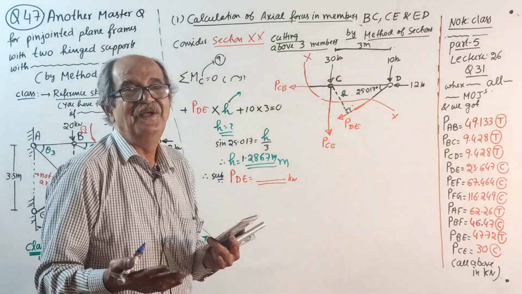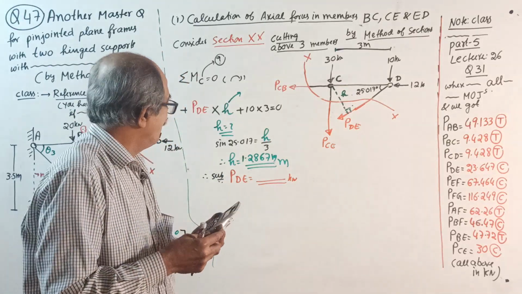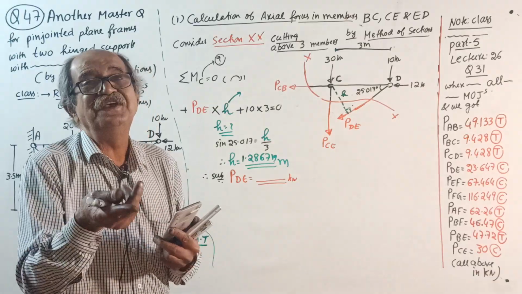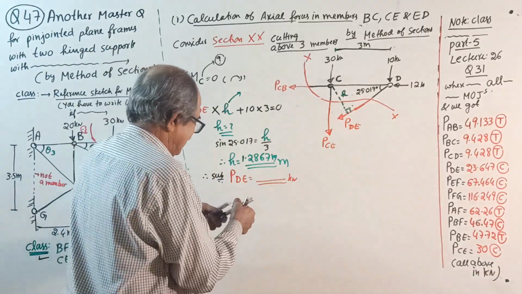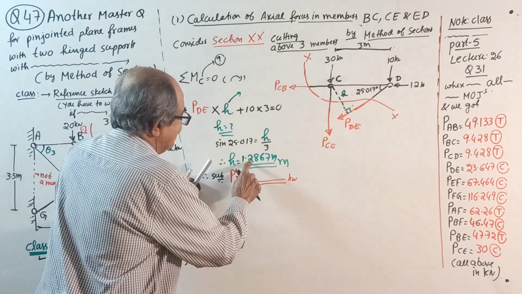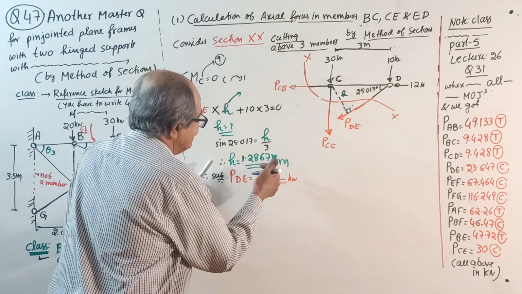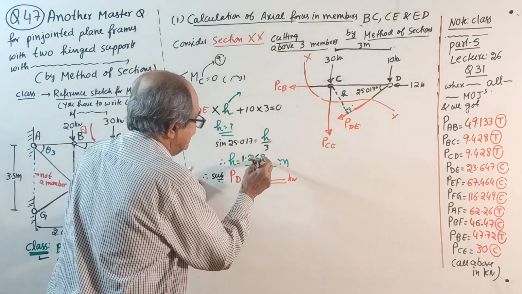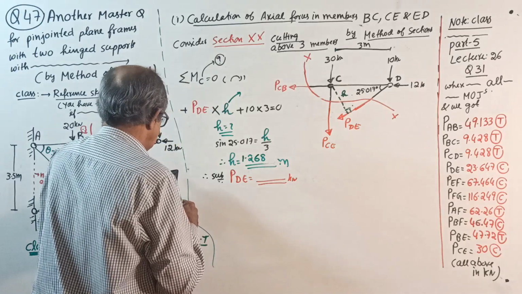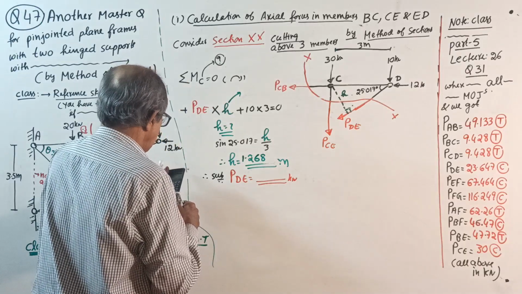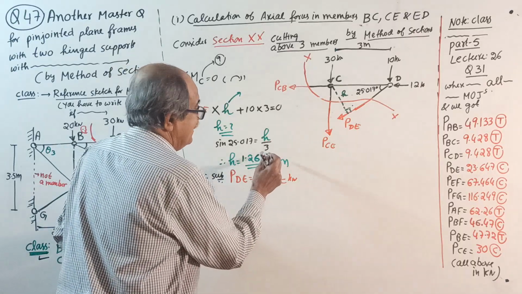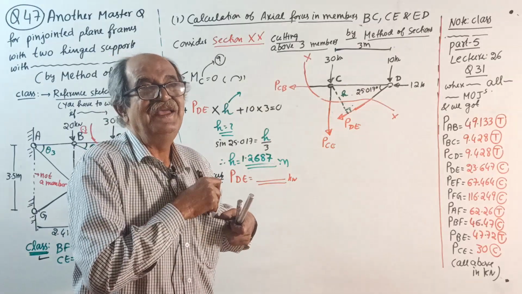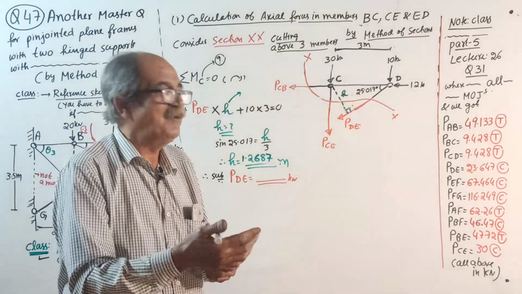See, it is 1.2867. 1.2687. Oh, see, reading problem. It is 1.2687 meter. See, ABC became ACB, ABCD became ACBD. What to do?